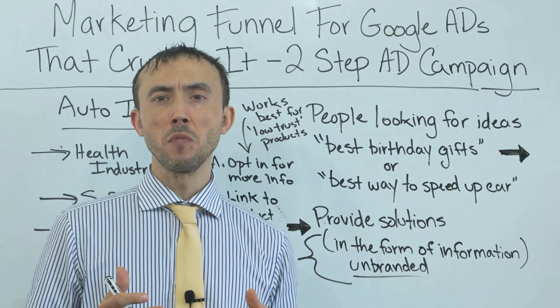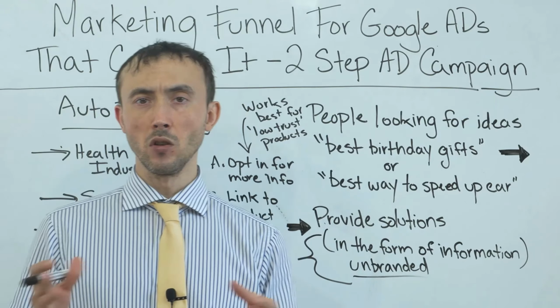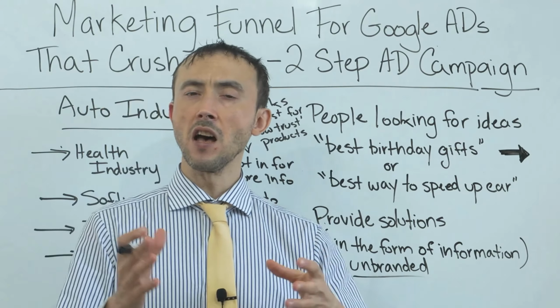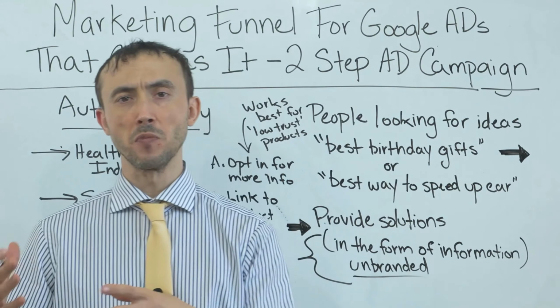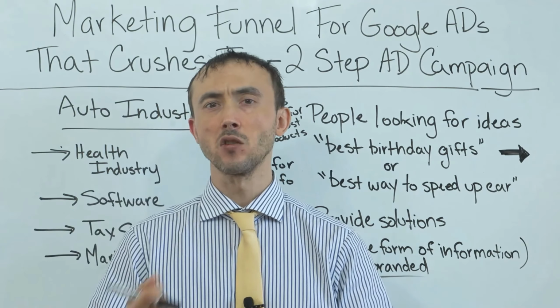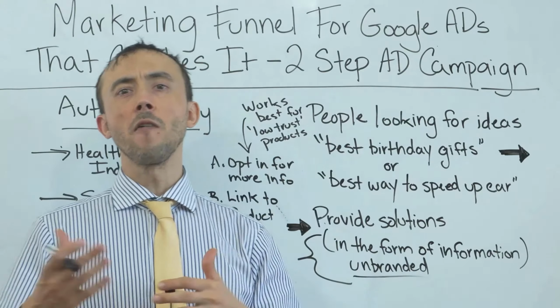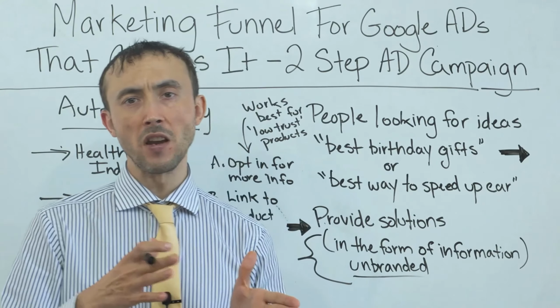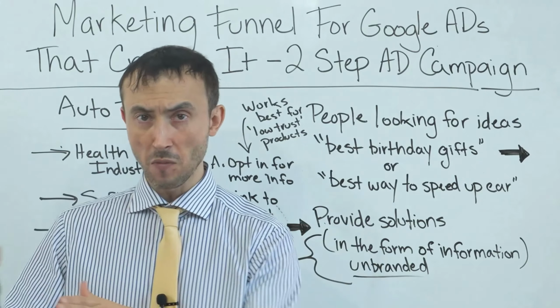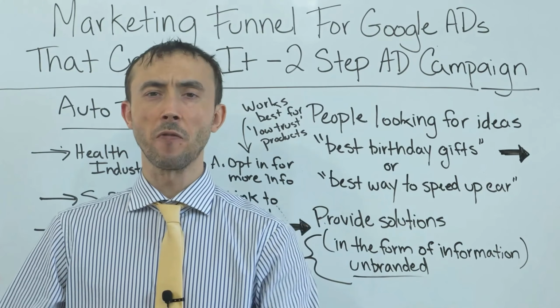What you're going to do when people are looking for a solution that does what your product or service offers, but not an exact solution that you offer, is give them information, which then steers them in the direction of a certain solution that you offer.